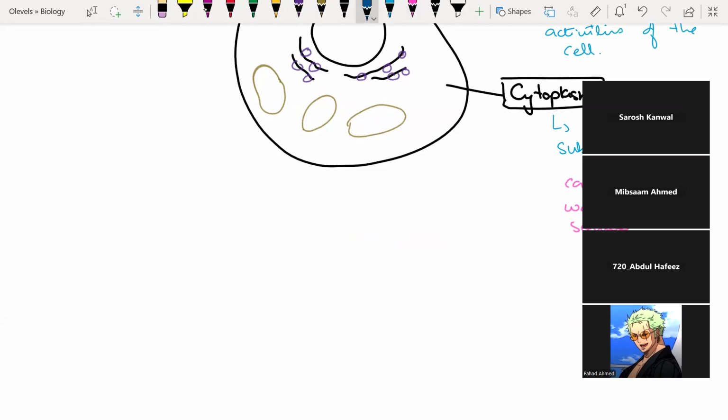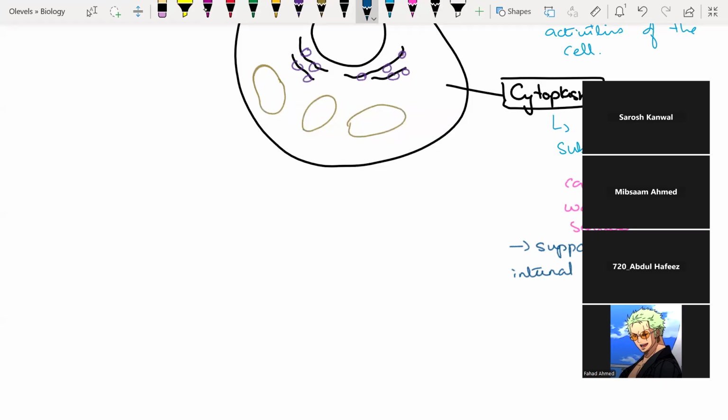Apart from that, there are important functions of cytoplasm as well. The first one is that it supports the internal cell structures. What does that mean? We know inside the cytoplasm there are many other organelles floating in it, so it serves as a support for those organelles.